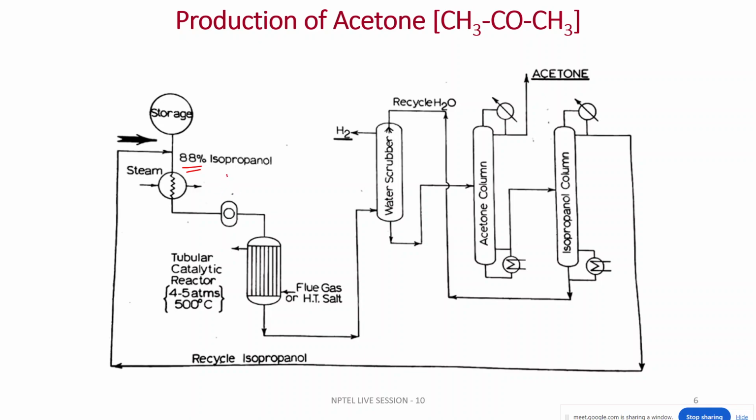Also you have to notice that the isopropanol vapor from the storage is compressed to 3 atmospheric pressure, and then it is sent to the tubular catalytic reactor, which is maintained at a pressure of 4 to 5 atmospheres and 500 degrees Celsius as the reaction temperature.